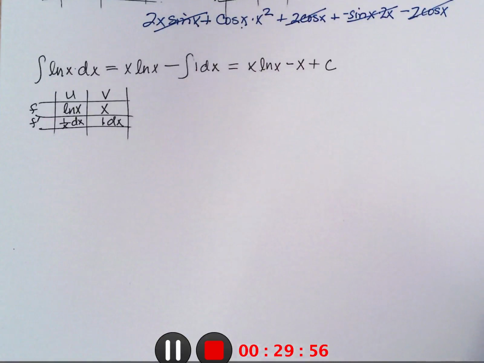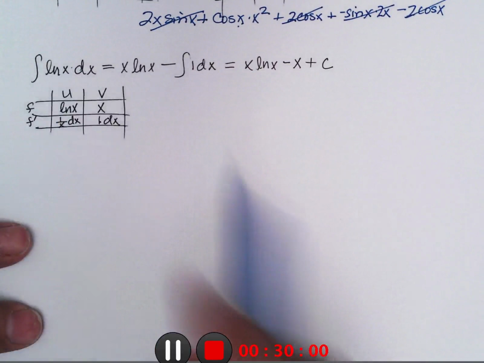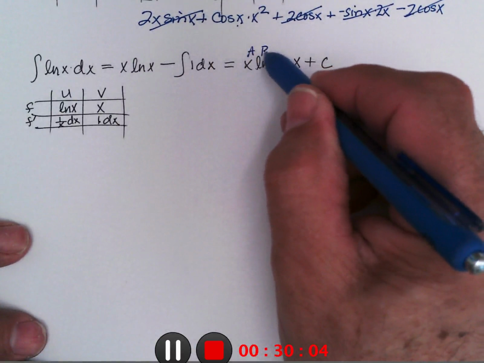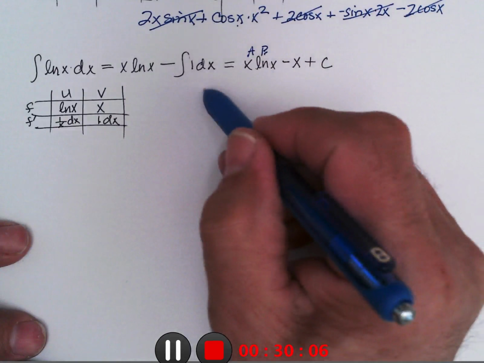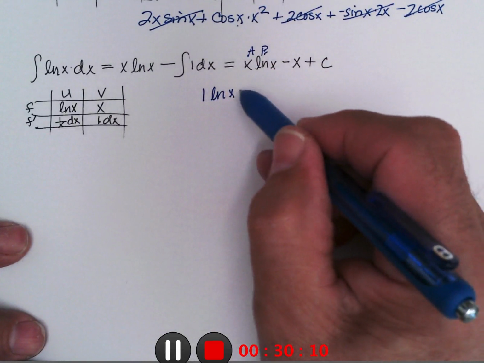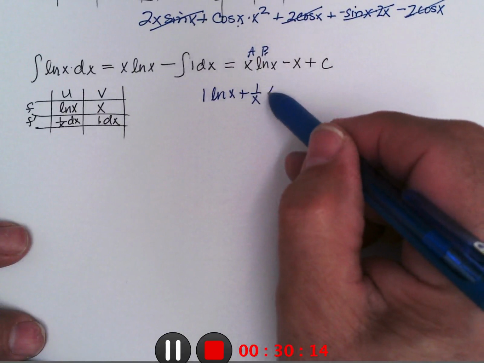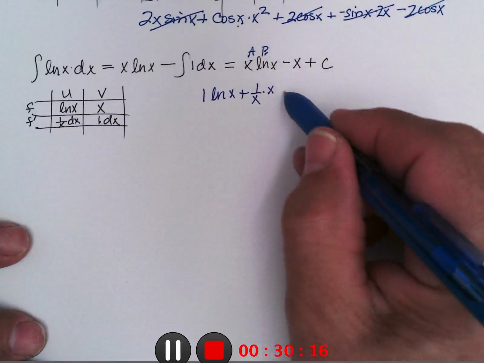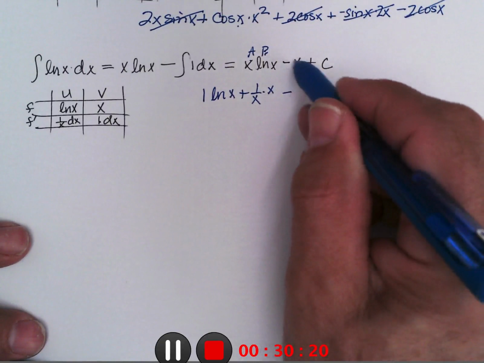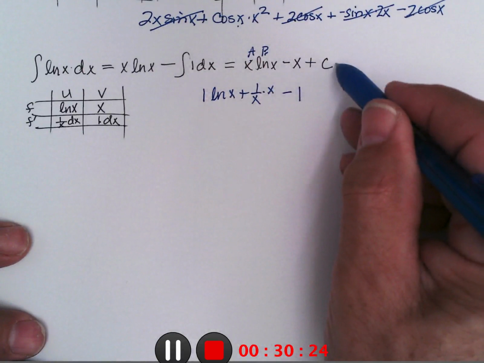So let's see if this actually is the antiderivative of ln x. We have a product, a, b. So we take the derivative of the first, which is 1, times b, plus the derivative of b times a, and then we have just a single term, so minus the derivative of x, which is just 1, and the derivative of c is 0.